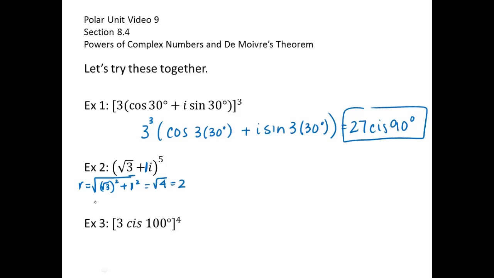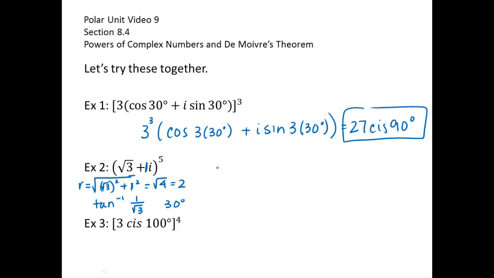And then I'm looking for my theta value, which is a tan inverse of 1 over the square root of 3, which will be our 30-degree angle. This is in the first quadrant because they're both positive.